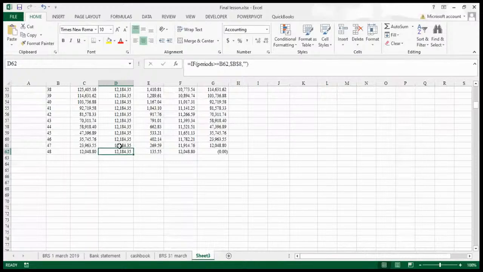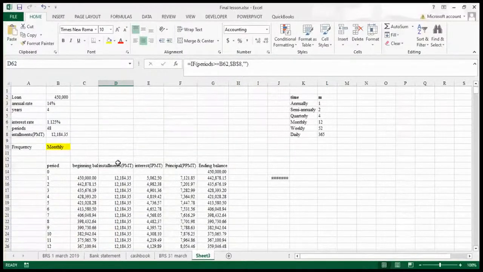The installment is the cash. Every end month, you are going to pay this amount into the bank account. But out of this, one part will be interest, which is now going to be in the income statement. This one here is going to reduce your loan amount. So that is how you automate your loan schedule.